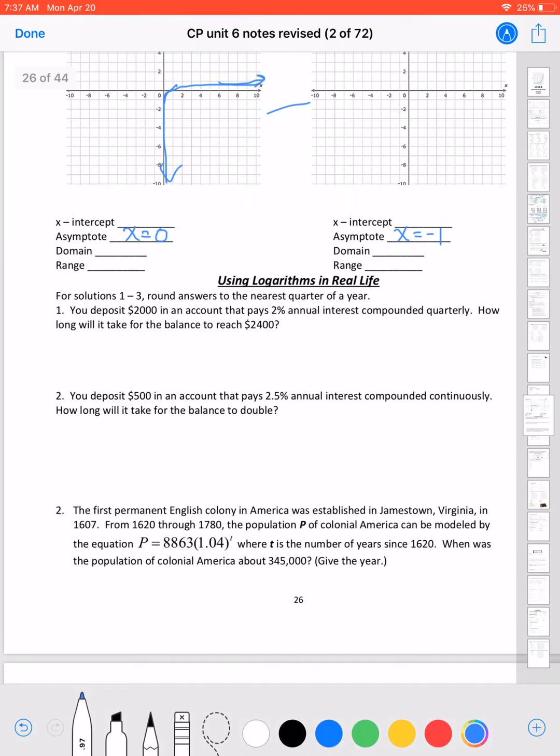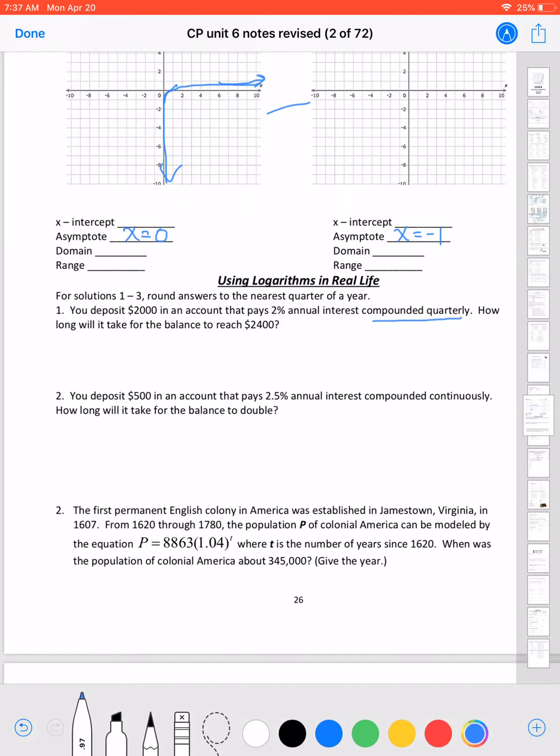So using logs in real life, well, I'll at least set it up because I don't have my calculator in hand, but I'll at least set them up so that way you can do them and let me know the answers that you get. So it's talking about depositing $2,000 in an account that pays this interest compounded quarterly.